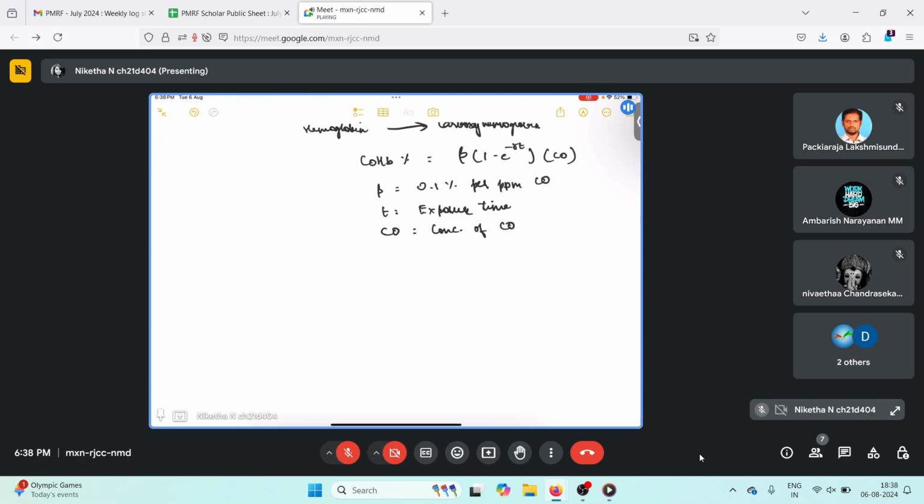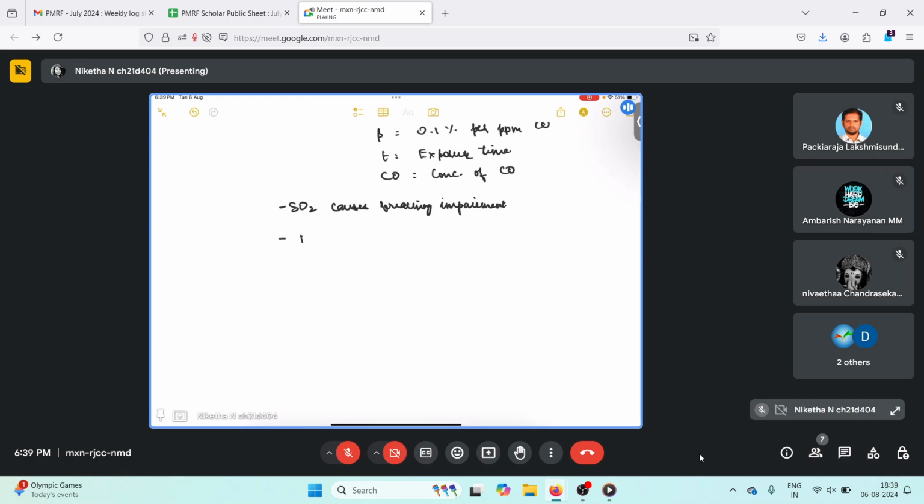Other gases like sulfur dioxide can cause breathing impairment. And NO2 can react with organic pollutants to cause smog. Smog here is a combination of smoke and fog. And other pollutants like the presence of lead can cause organ failure.